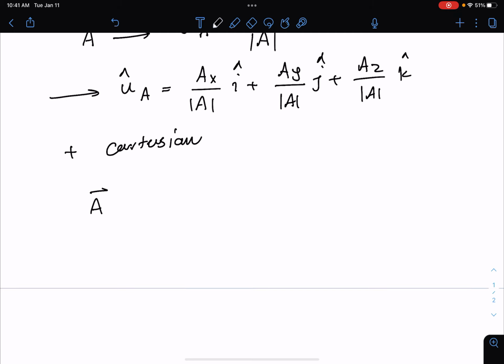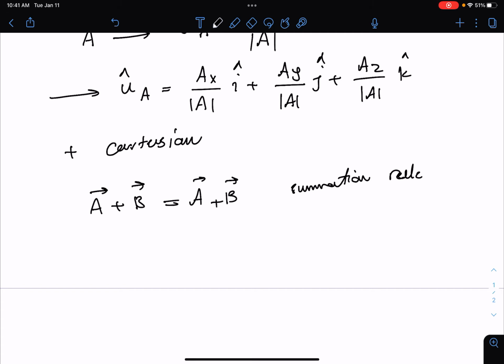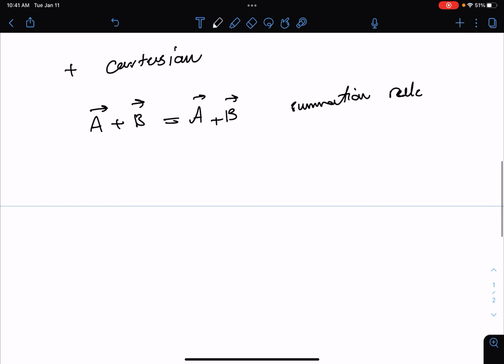For the summation, A plus B is equal to B plus A. That is the summation rule in vectors, which is also true for scalars, right? It essentially means that you have to add all of the components of a vector with each other. Let's say you want to present this addition with their components.